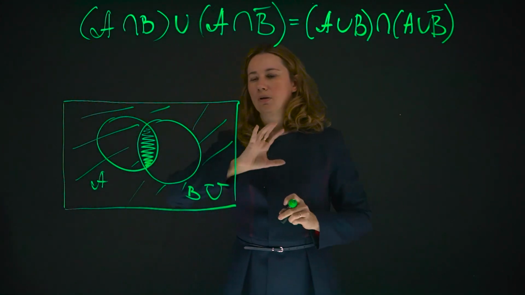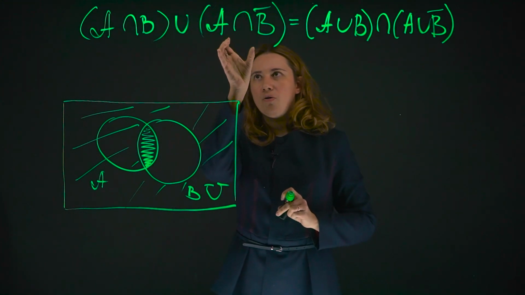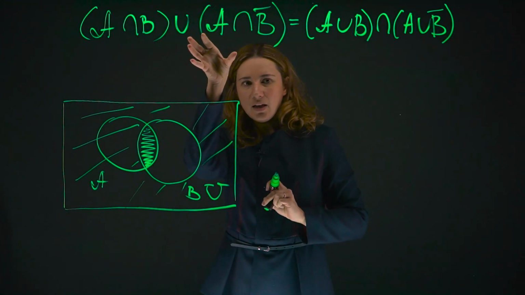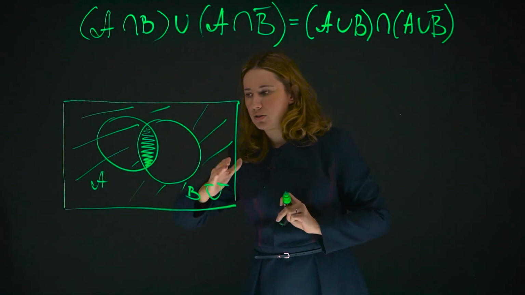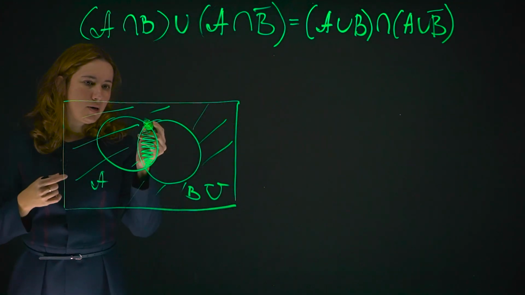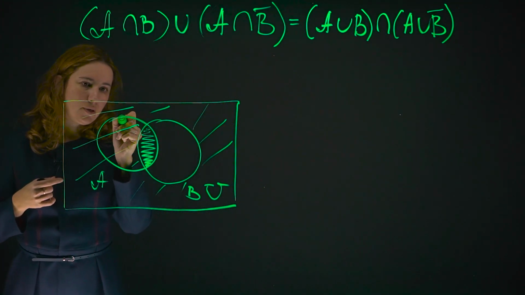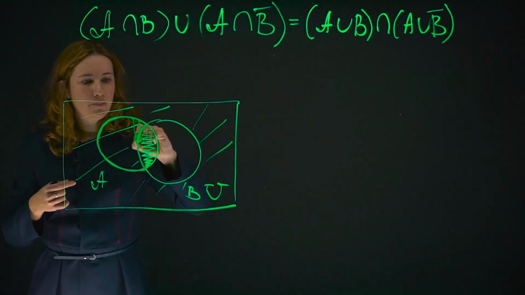Now, we need to take the common part of our set A and this shaded region, this not B. Of course, this common part is this part of A.